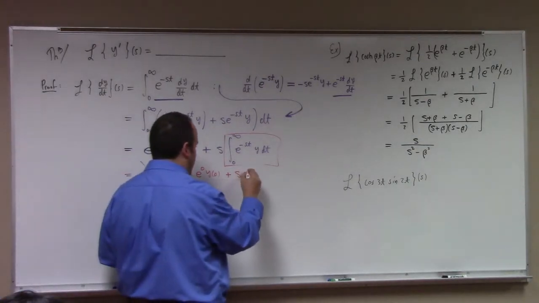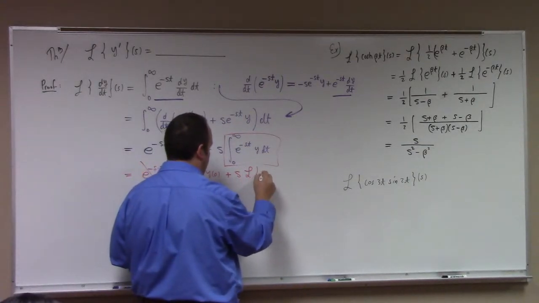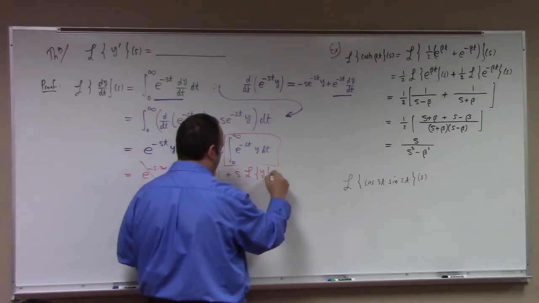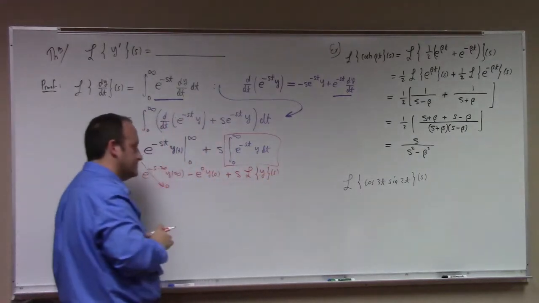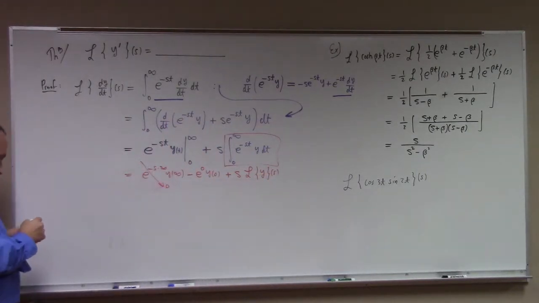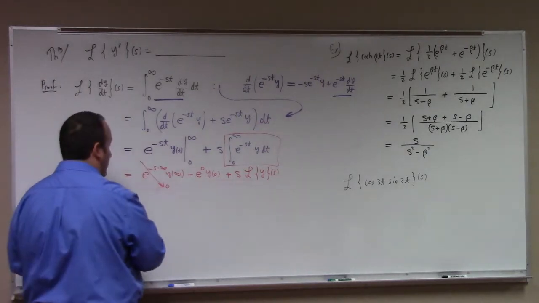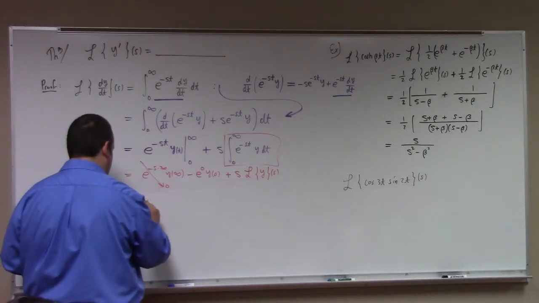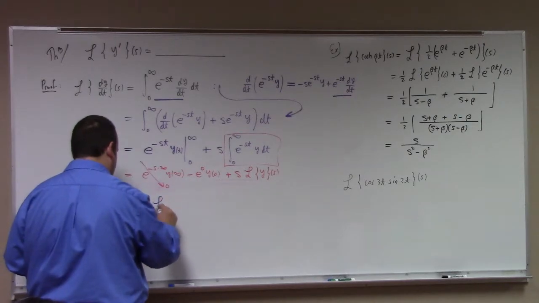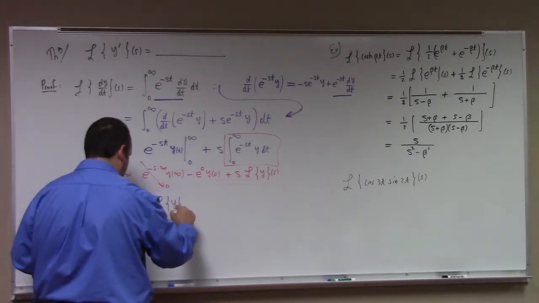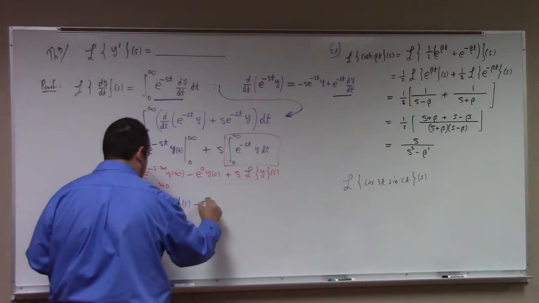I think that's the Laplace transform of y, right? So what do we got? We have s times the Laplace transform of y at s minus y of 0.